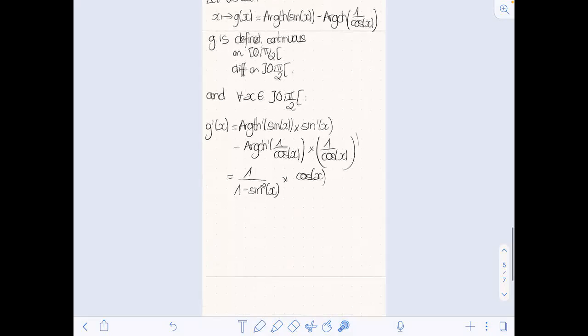That's just the first line here. The second ingredient that we need now is the derivative of the hyperbolic cosine inverse. So hopefully you've got it somewhere. What's the derivative of the hyperbolic cosine inverse?